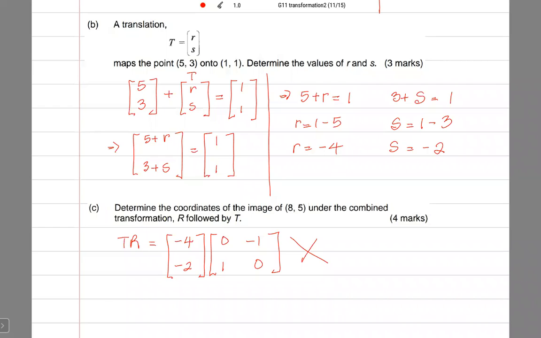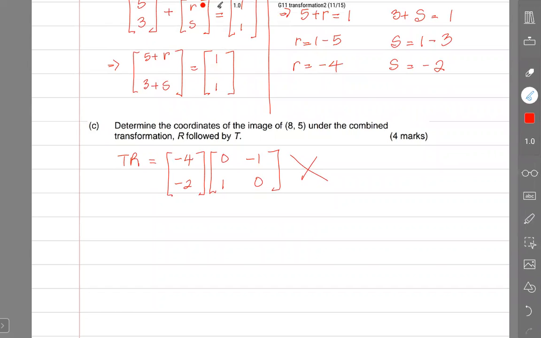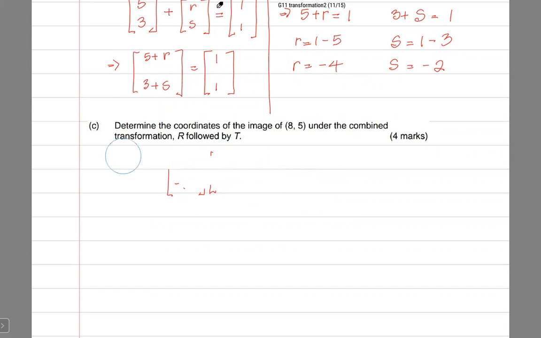So what you have to do is do the transformations one at a time. I'm going to erase this because it can't happen. The first one is to apply R, which is 0, minus 1, 1, 0, to the point 8, 5. You can simply multiply the two matrices and get the answer.